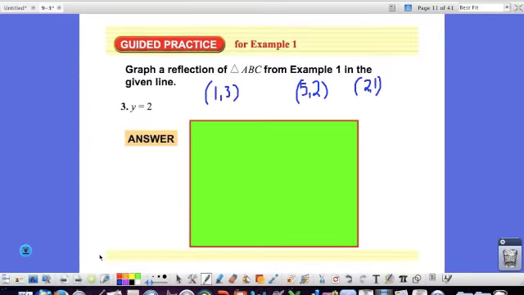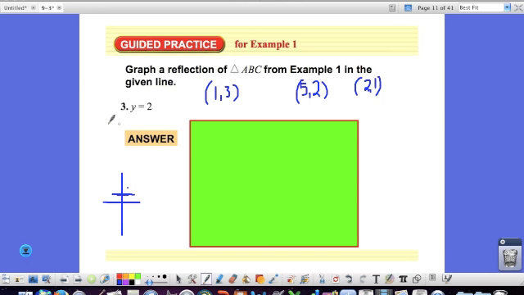Next problem, because I think this got a little confusing. We're going to be graphing this with a reflection over a horizontal line. So I'm going to try and do this without graphing just to show you how you're eventually going to do this. So since we're graphing over y equals 2, if we're at 1, 3, we're graphing over a horizontal line.